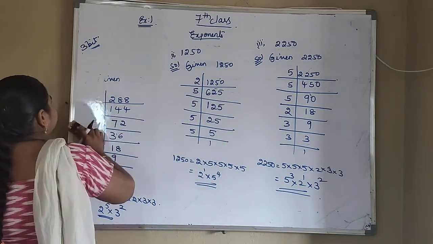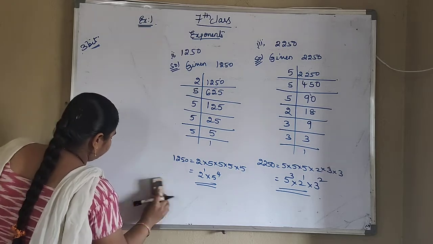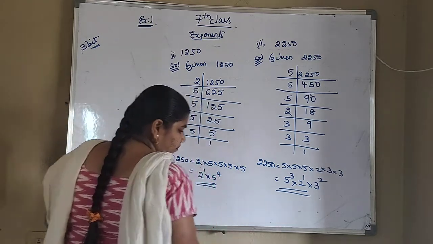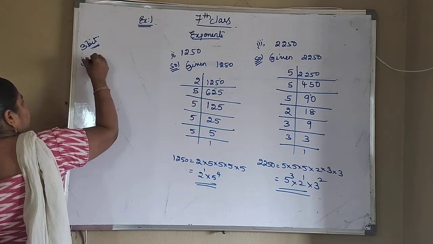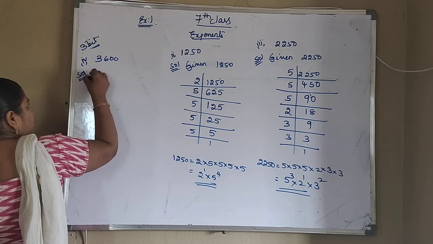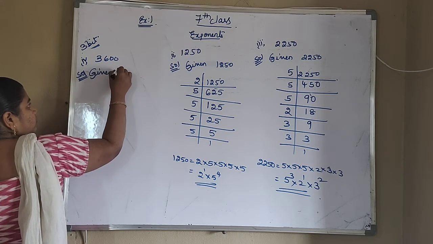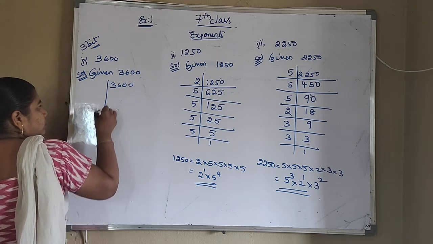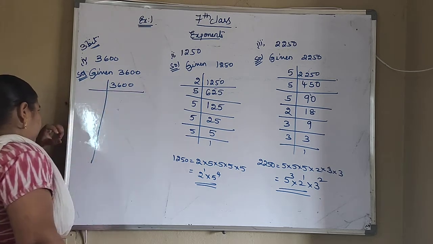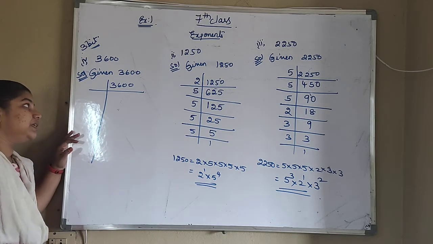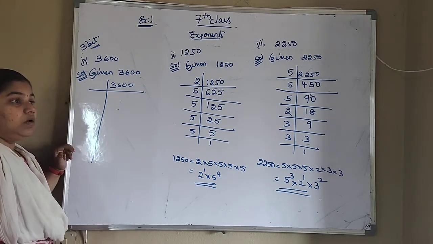3600. So for this we have to find now. So 0 is an even number, it will go in 2 table as well as it will go in 5 table also.